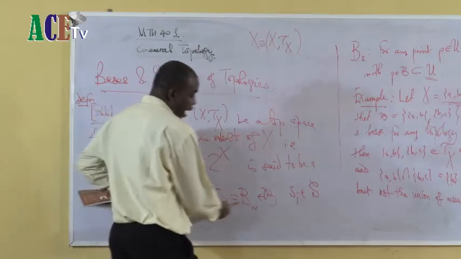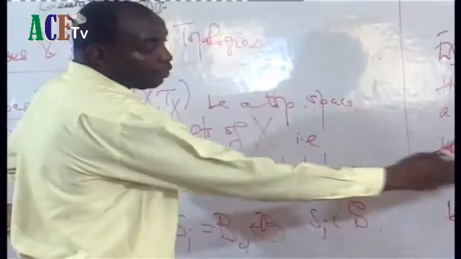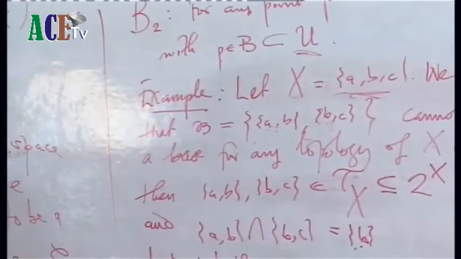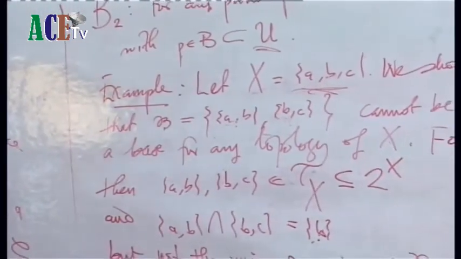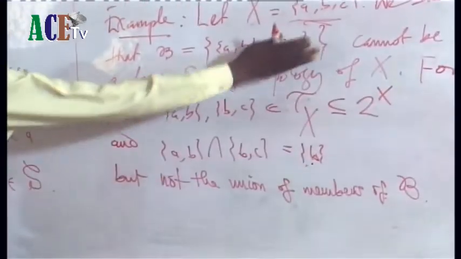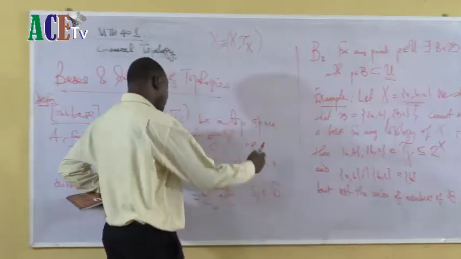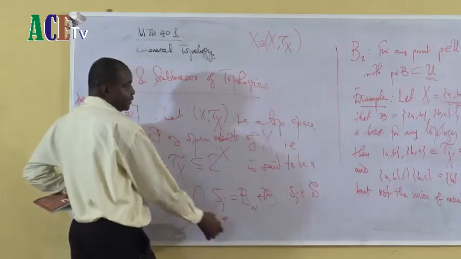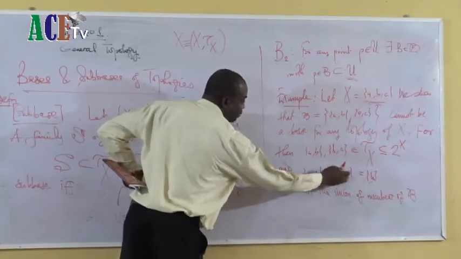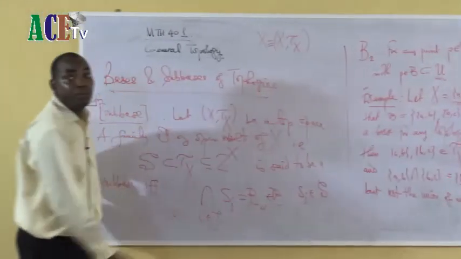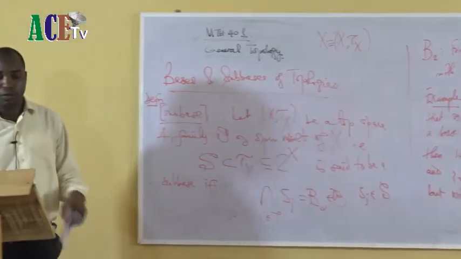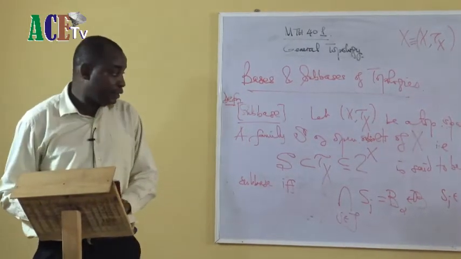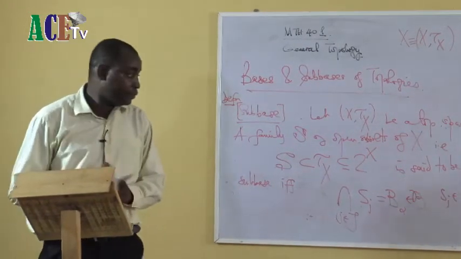If after taking the intersection of the two, you get a third set, B, and it is in this set, then you can lay claim that these sets, AB and BC, are actually sub-bases of curly S. But that is not the case.